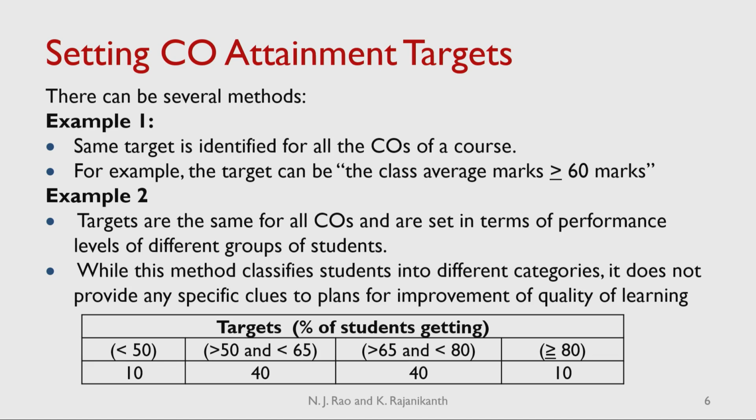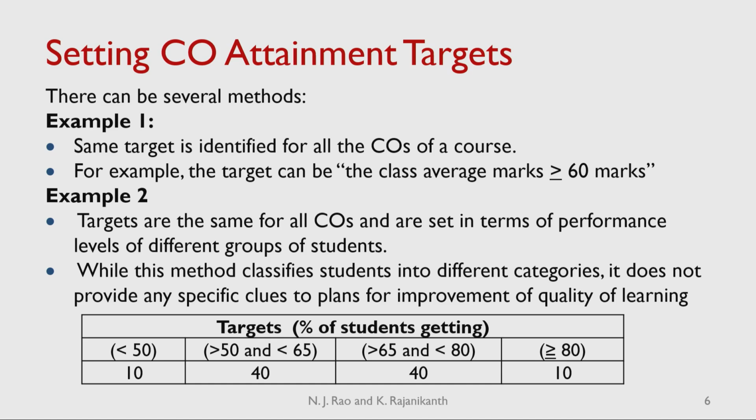Let us look at the process for setting the CO attainment targets. There can be several methods. Example 1 shows the first method. Same target is identified for all the COs of a course. For example, the target can be that the class average marks will be greater than or equal to 60 marks.